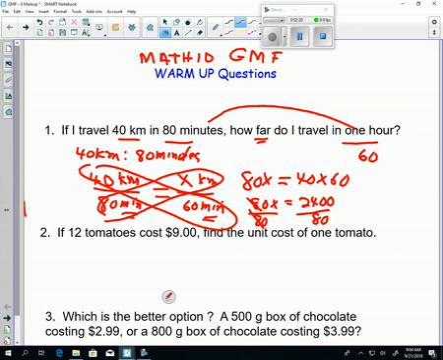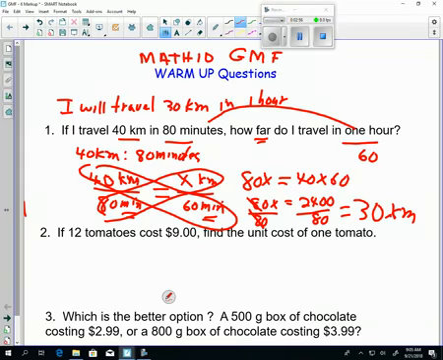So now x equals 2400 divided by 80, and that's going to be 30. So that means I will travel 30 kilometers in 60 minutes or 1 hour.